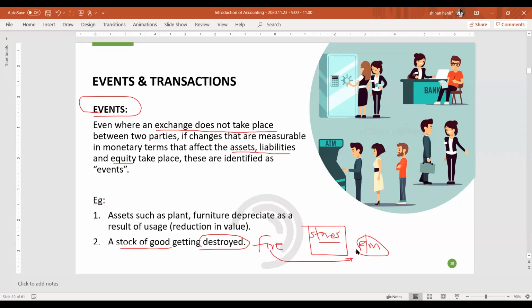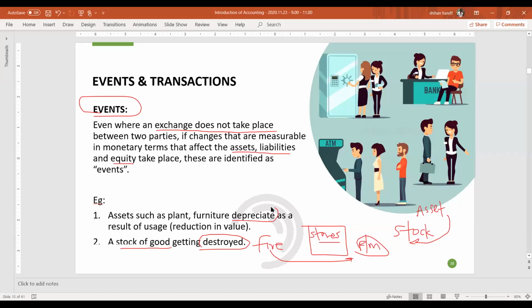Now here, there is no exchange, but it is an incident which affects our stock. Stock is our asset, right? So it affected our assets. So these types of events are also recorded, right?